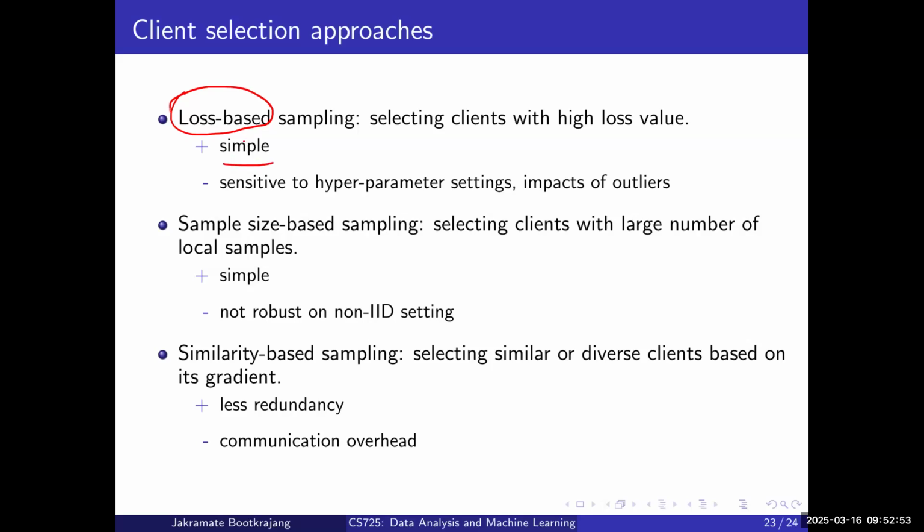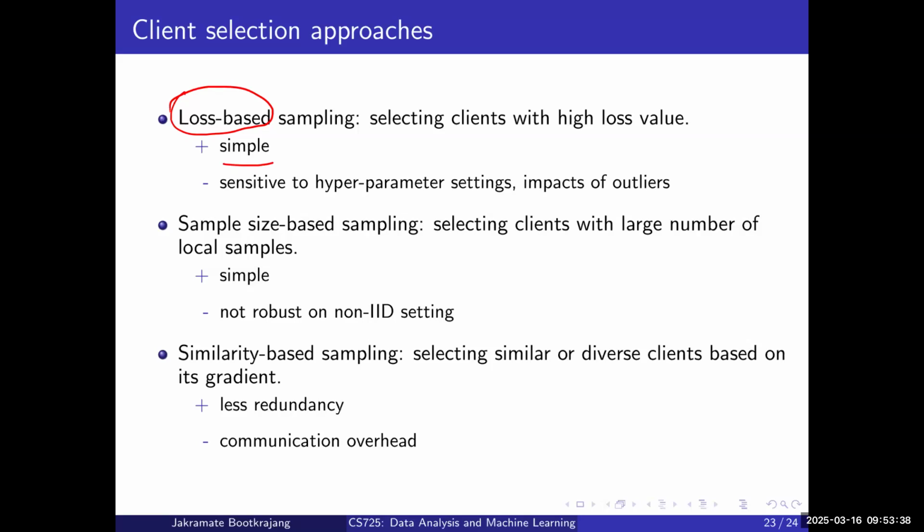Because when each device trains, they have a loss value of their own, and then they update the weight of their own. This loss value doesn't depend so much on the size of the data set, right? The loss value would be similar. The good thing is it's quite simple because you already compute this value in the client. So basically, when the client sends you the update, they can also send you the loss value because it's already computed. And then you can use this loss value to do the selection, right?